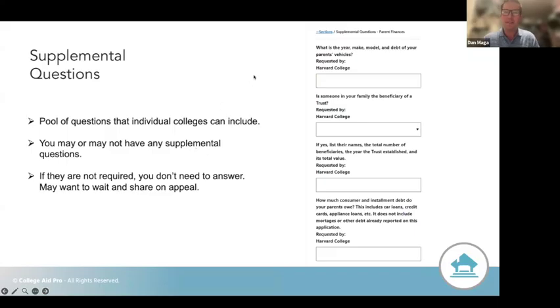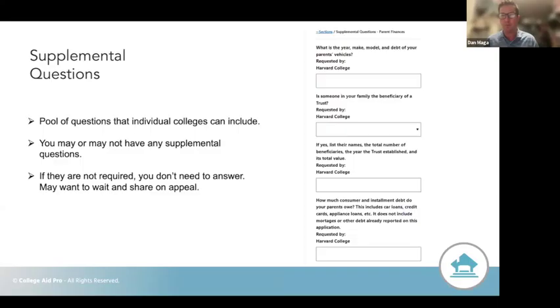And then you can get supplemental questions just when you think you're done. Oh yeah, what kind of car do you drive? What year was it made? What model? It's like, oh my God, Harvard, get out of my way. But almost all of these are not required questions. So it's pretty rare that I see a supplemental question that is required.